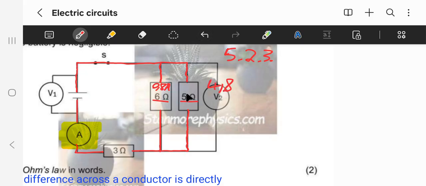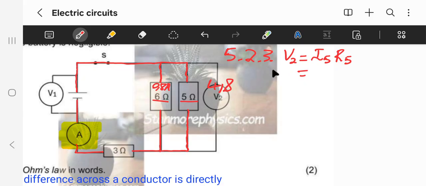So this is what we are going to use to find the current here. The formula we'll use is V2 is equal to I5, the current on the 5 ohm resistor. The 5 is for the current on the 5 ohm resistor. Then we'll say R5. I think you now know what these numbers at the bottom mean. And then our current is what we are looking for.